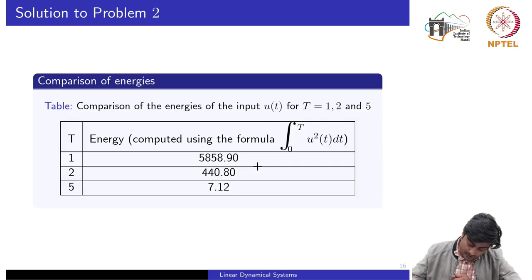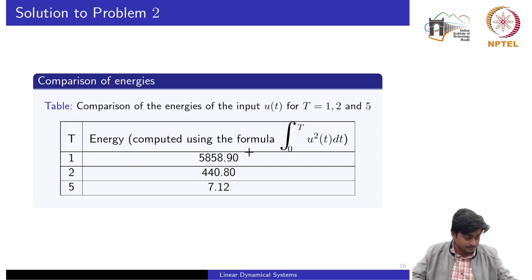Here we need the system to reach zero from a non-zero initial condition in t is equal to 5 seconds, which means it would take more time and the control actions would be slow. This is also the reason that the energy for t is equal to 5 is way less than the energy required at t is equal to 1.